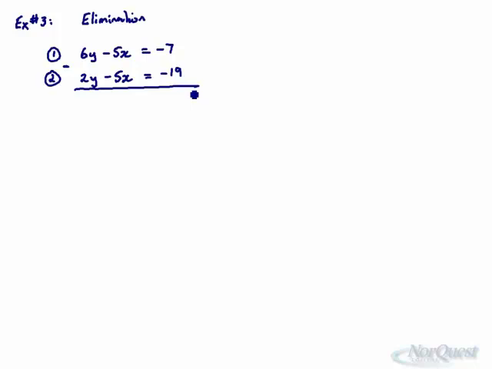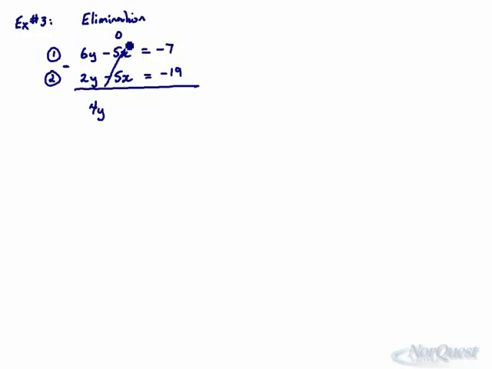So in this case, I'm going to subtract the equations. And as long as I subtract the left sides and the right sides, I haven't changed the system. So 6y minus 2y will give me 4y. Negative 5x minus a negative 5x means plus 5x. This should eliminate to give me 0.